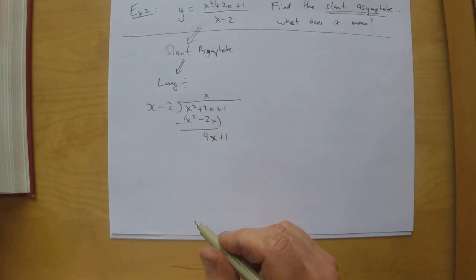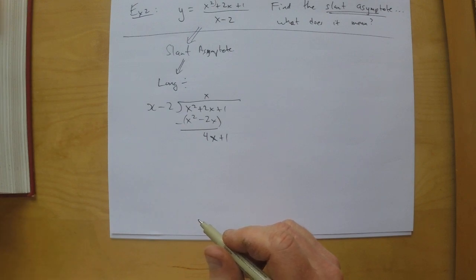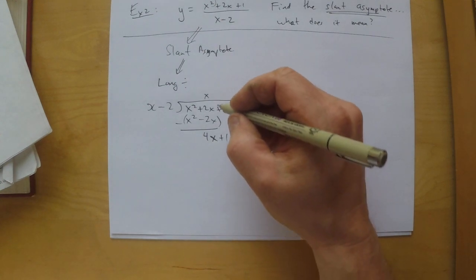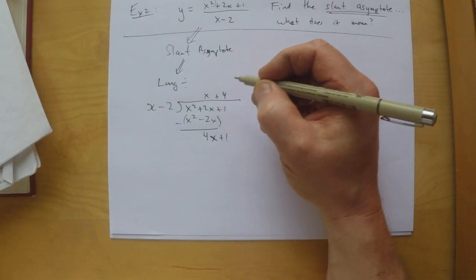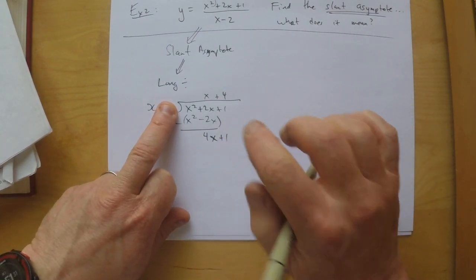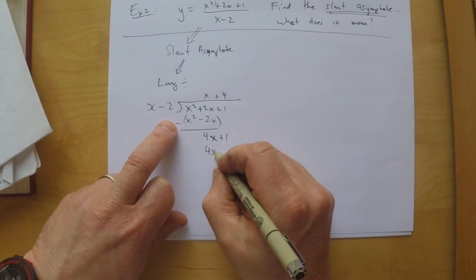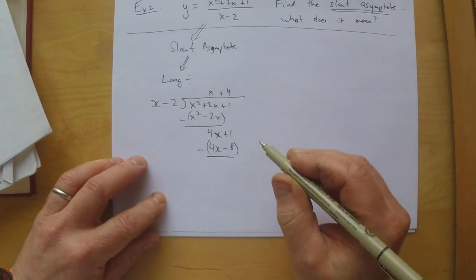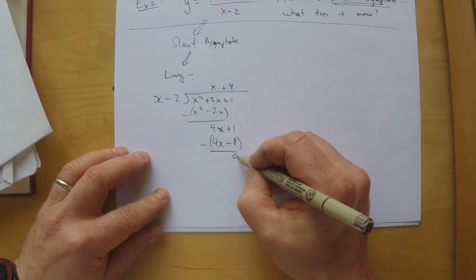And then at that point, what's my next step? I need to add 4 because x goes into that 4 times, and I end up with 4x minus 8. Subtract. That gives me 9.